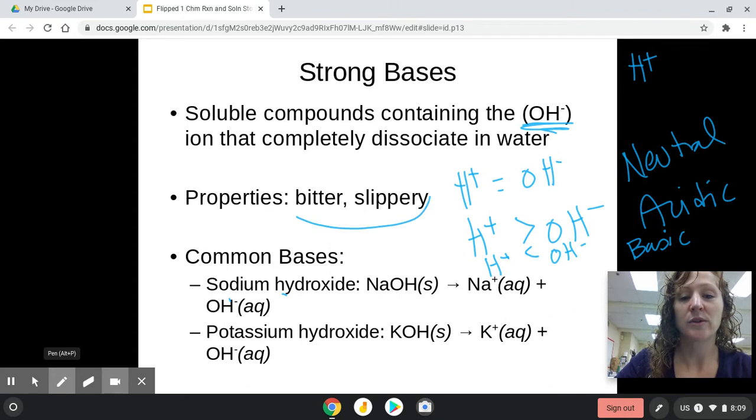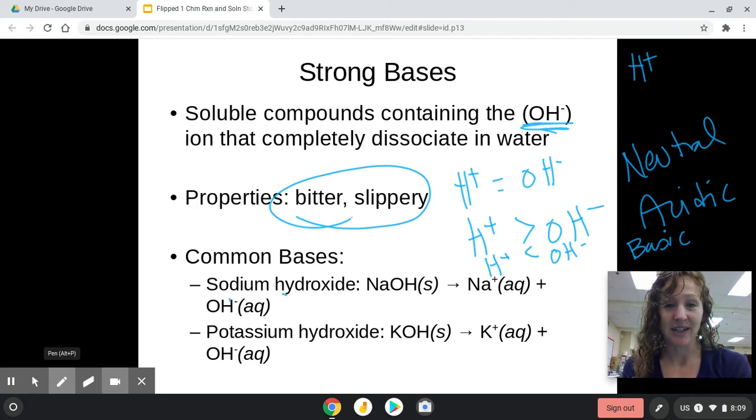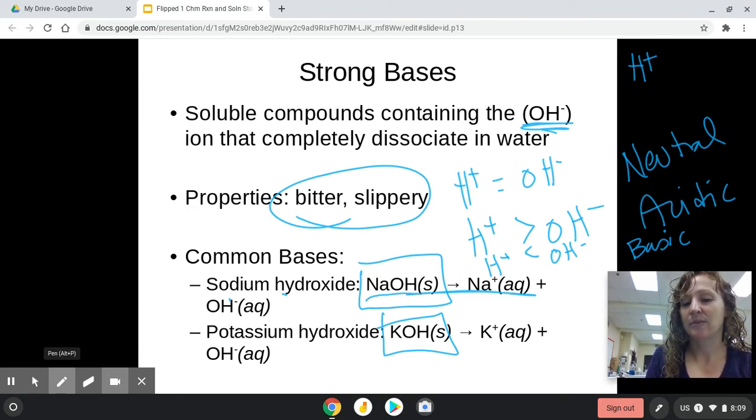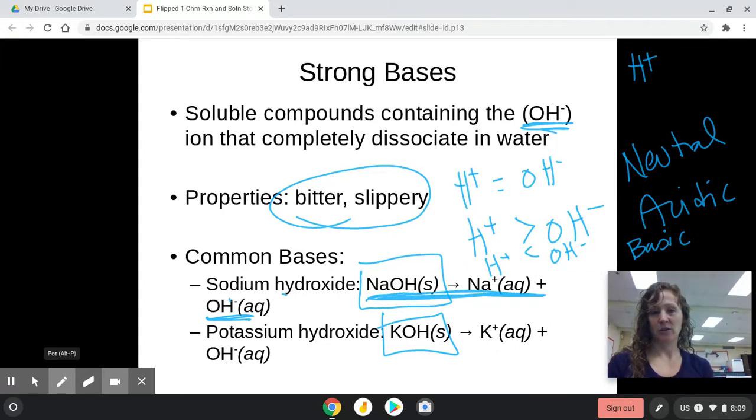So if you find something that is bitter and slippery, it's probably a base, which is most of your soaps. Soaps are bitter and slippery, and most of them are bases. Common bases you're going to come across are sodium hydroxide, potassium hydroxide. So notice that again, it dissociates into Na plus and OH minus.